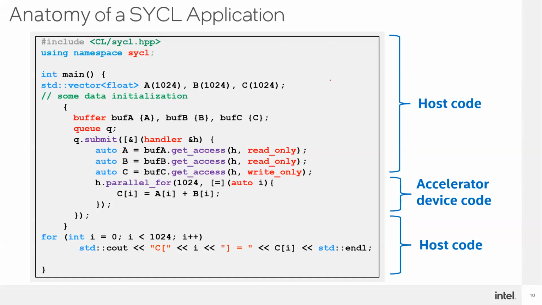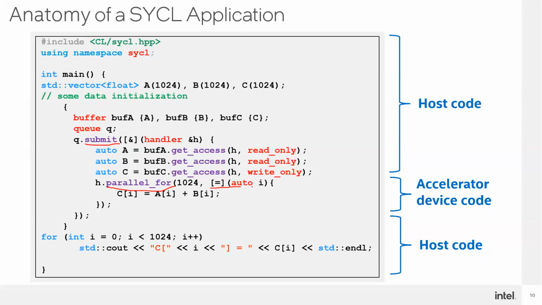What you also need to know is that you need to identify the host code parts and accelerator device code parts, and there are a few markers which may be useful. We will talk in all the details about buffers and queues, but each time you see the submit operation or parallel for invocation, these calls should be a marker for you to understand where the device code is, because the device code is this function object which is finally passed as an argument to parallel for.